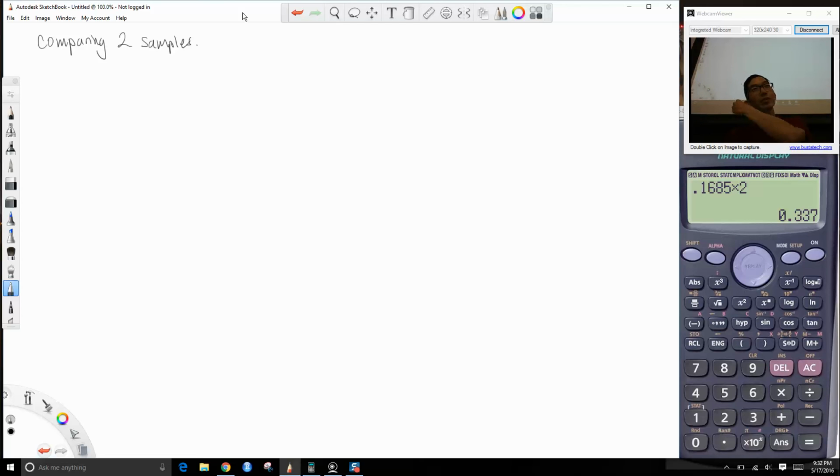The samples need to be large enough so we have 10 successes and 10 failures, so maybe we have to ask more. In our sample we get this percentage of men said pink is their favorite color, and for the women, this percentage of women said pink is their favorite color, okay?